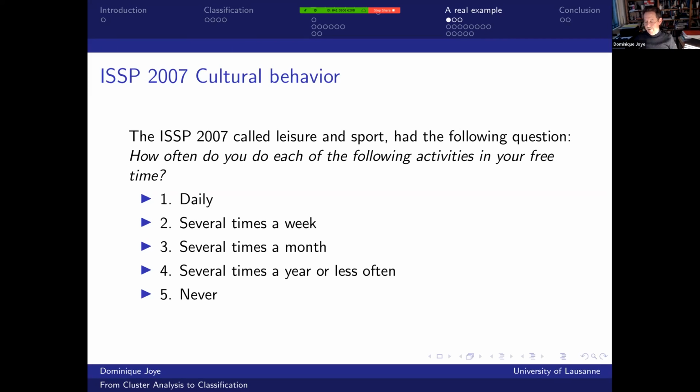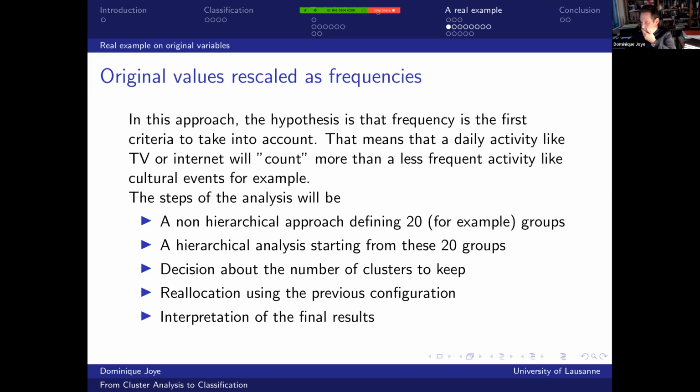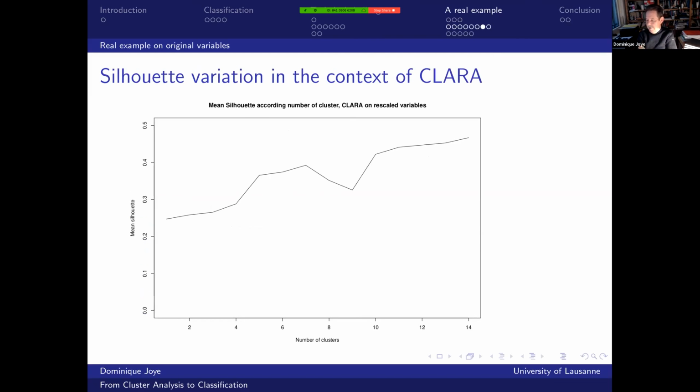So in fact, the scores of concert will be much lower than the score of television, and have less importance in the solution. So probably this way to compute groups could be a solution, but I'm not sure that it is really the most interesting way to do that.